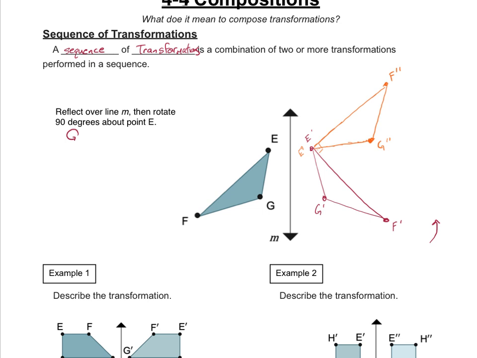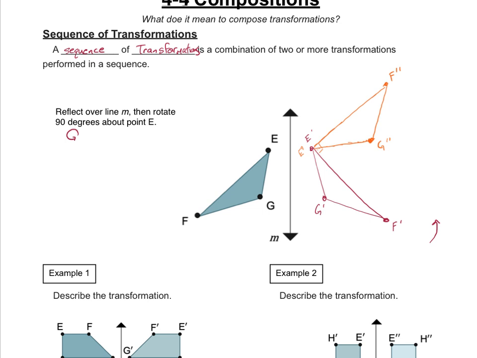Now, if we were to do it out of order, so picture this, right? If we were to do it out of order and we rotated, so this is the correct image. I'm going to go ahead and erase that. If we did it out of order, we would rotate first.